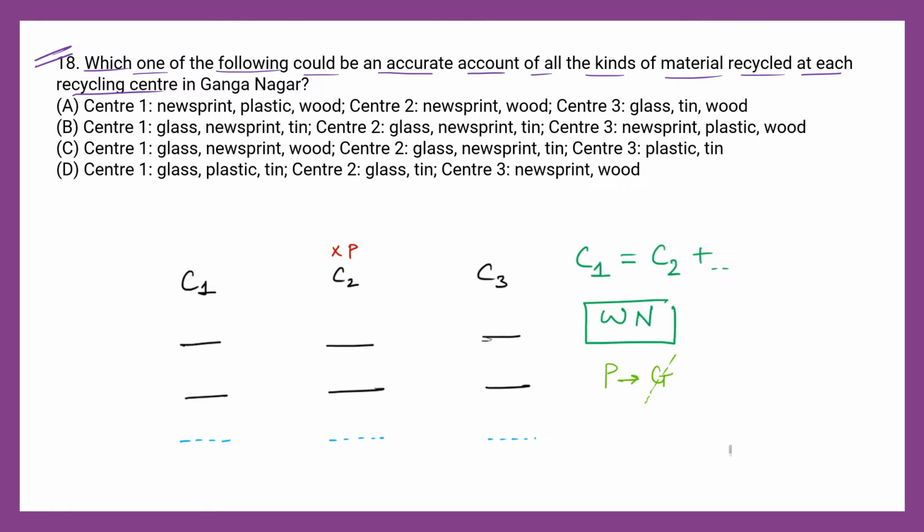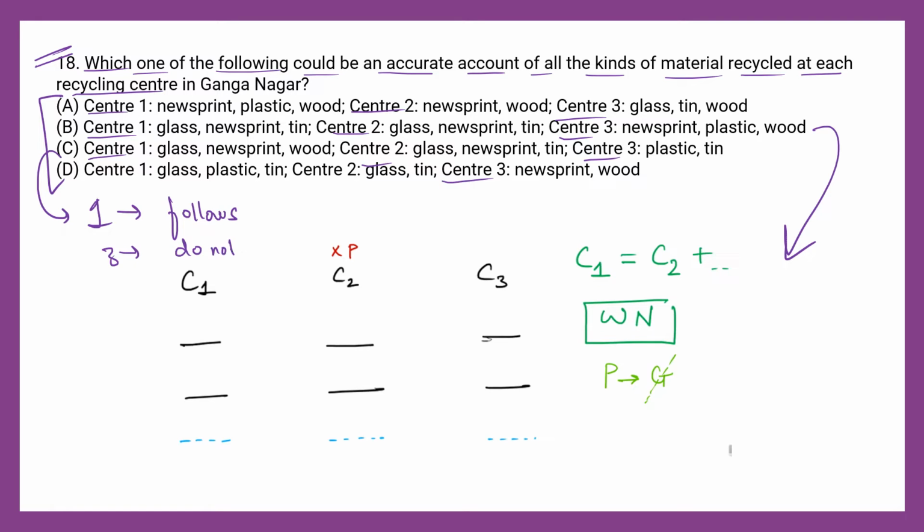Okay, so now you have the list of each center here, center 1, center 2, and center 3, and you are to see which one of these follows the rules. Out of the 4 options, one of them follows the rules, and the other 3 do not, okay? So you're to pick the one that follows the rules.